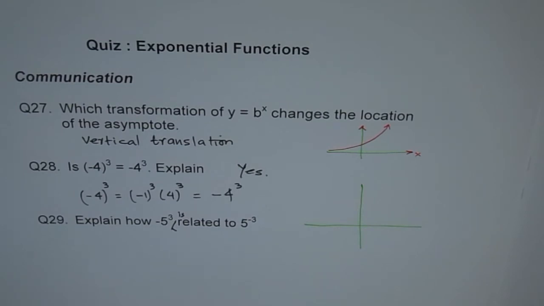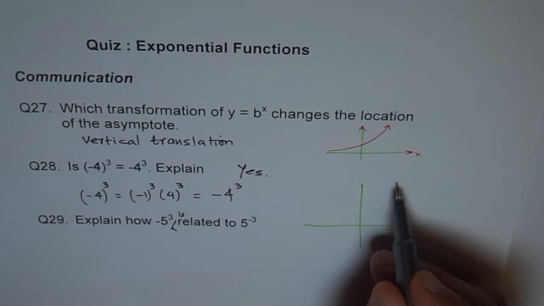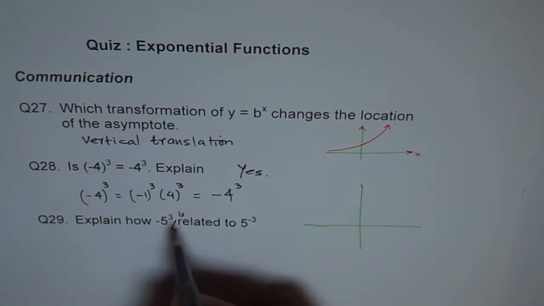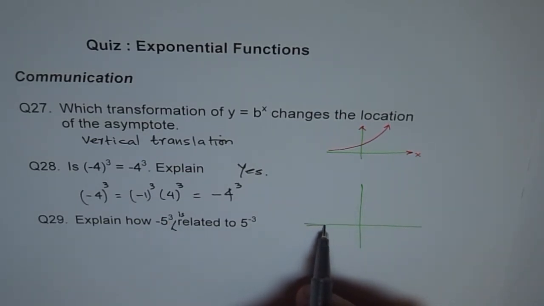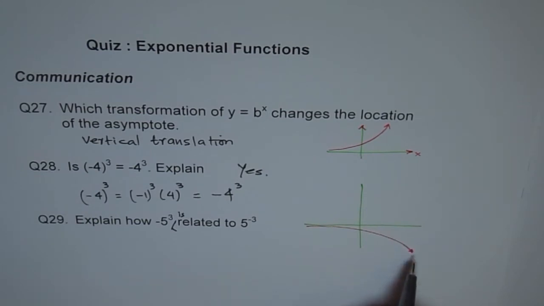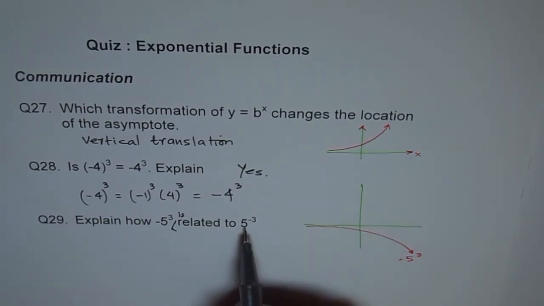Now, 5 to the power of 3 will be like this, correct? But if I do minus 5 to the power of 3, then it gets reflected. So we get a reflection here. So this function will be minus 5 to the power of 3, correct? But if I have 5 to the power of minus 3, it means it is 1 over 5 to the power of 3, right?